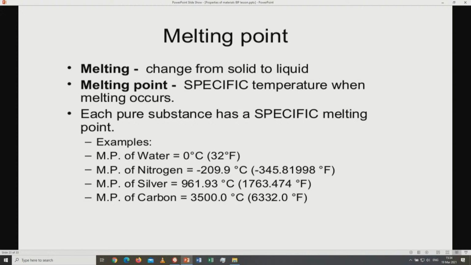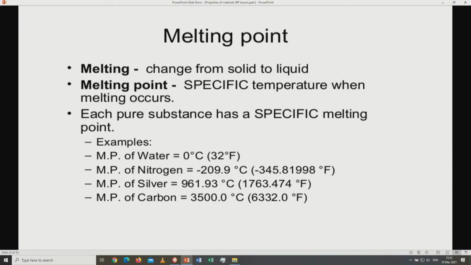Now let us go to the melting point. You will remember when I started, I talked about materials, and I included the three phases of matter. The main reason was to look at the properties of some of the materials, for example, water.